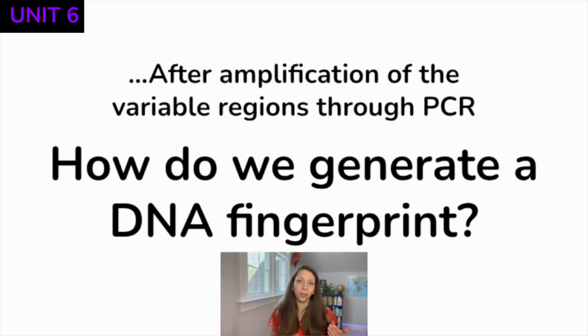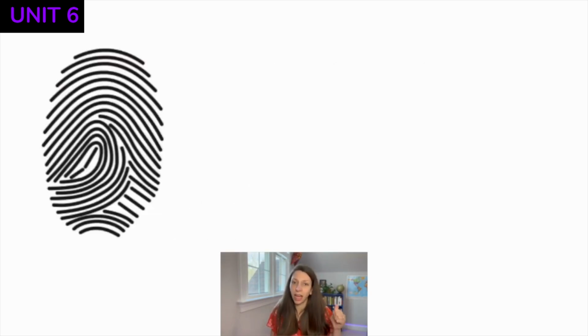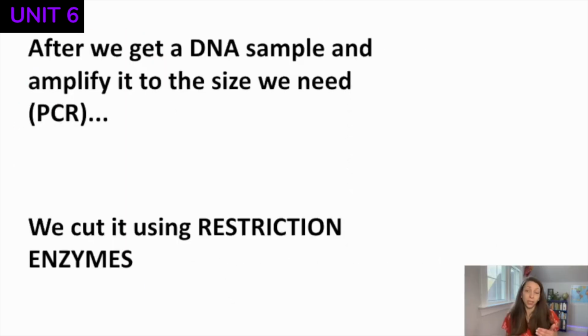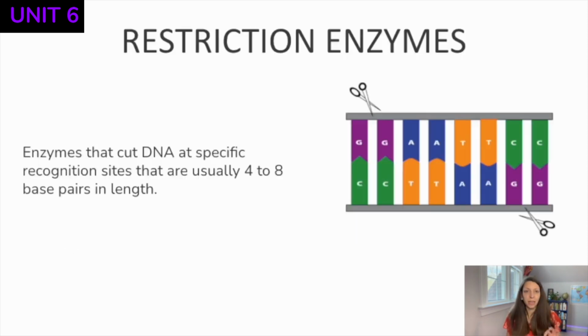Now, hopefully in your 9th grade biology class, you learned that this is not a fingerprint actually from your finger, but instead it's a particular pattern of your DNA after we run it through a gel. The first step in gel electrophoresis, or getting a DNA fingerprint, is going to be cutting that DNA with restriction enzymes. Restriction enzymes are special enzymes that cut DNA at specific recognition sites that are usually only a few base pairs in length.